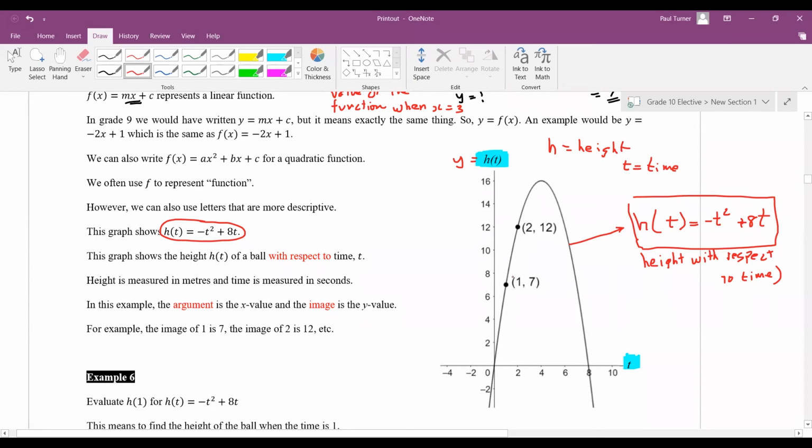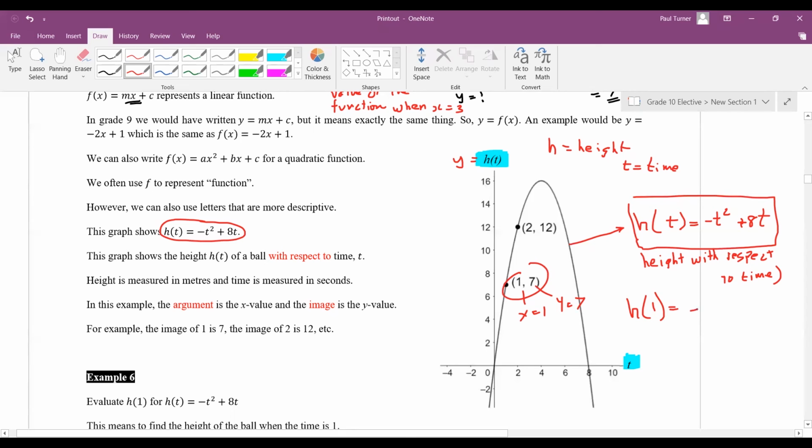Anyway, so for example, here your x value is 1. The y value is 7, or the height. So as an example, we would go h(1), the x value goes in here. So what I'm asking myself is, what is the height when the time is 1 second?